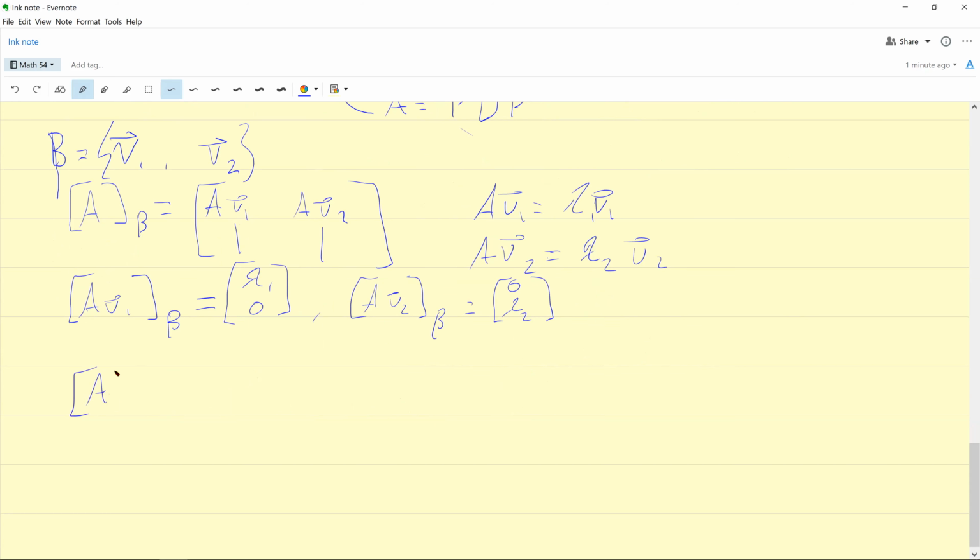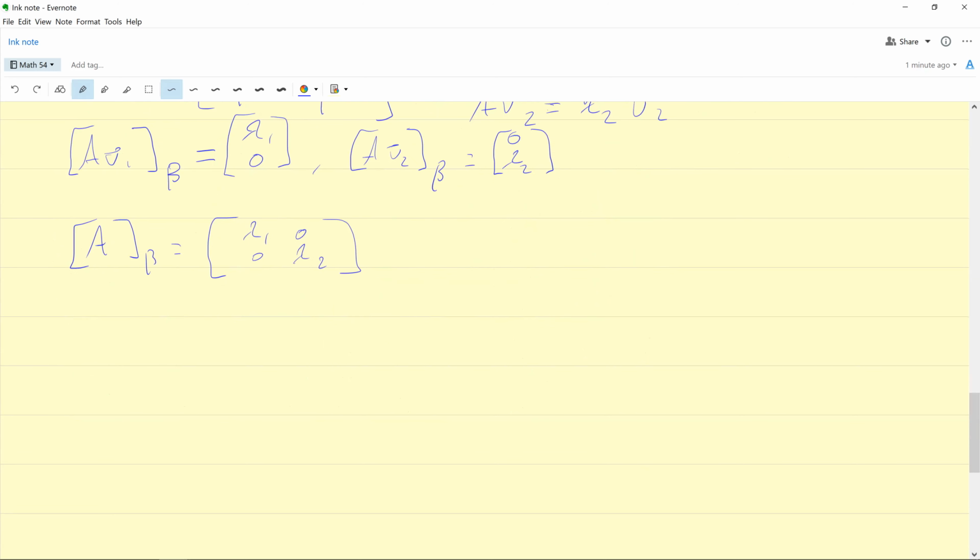This transformation with respect to this basis is going to be diagonal with just the eigenvalues on the diagonal. Okay. So in our situation, where we have 3, 1, 1, 3, what's this diagonal matrix going to look like? That would be 2, 0, 0, 4. Yep.